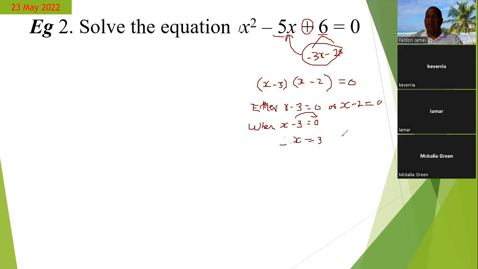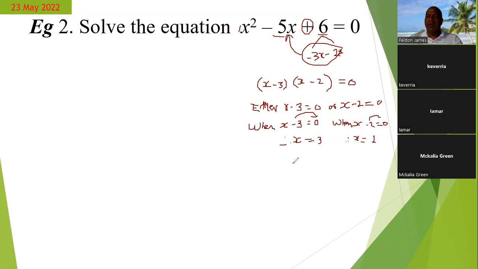When x - 2 equal to 0, solve just the same way, bring over the minus 2. Therefore, x is equal to positive 2.